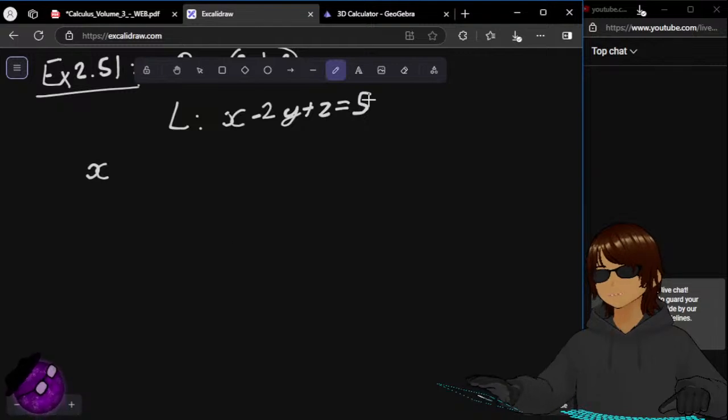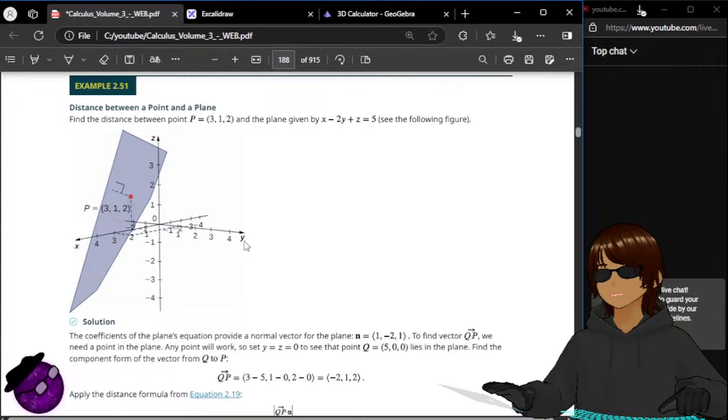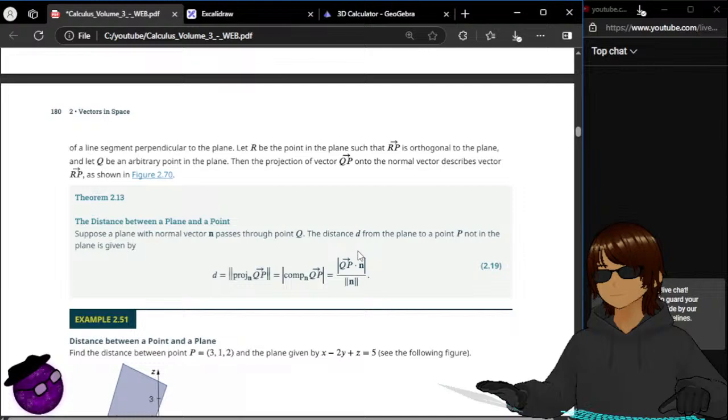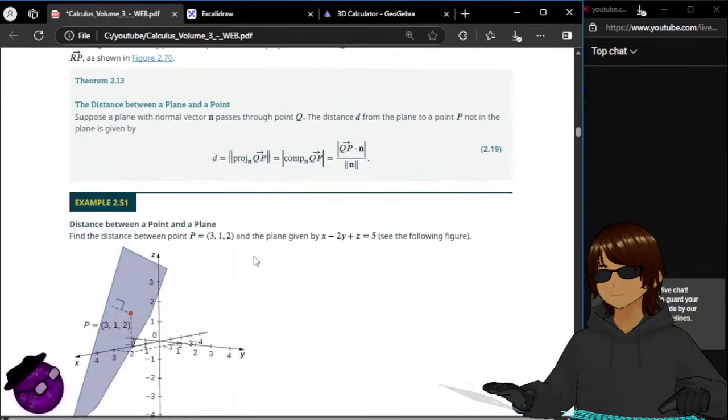Okay, let's just, this, 1, -2, 1. And then do we pick a random point on the plane?